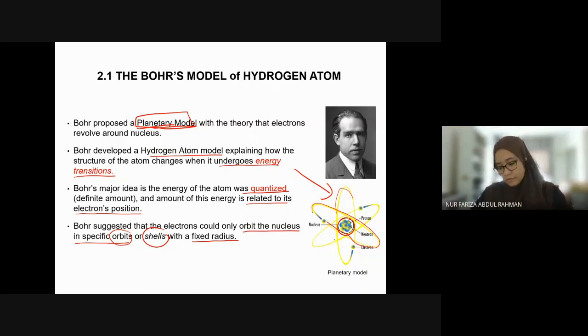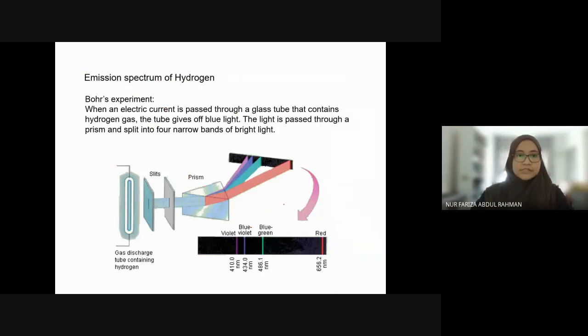Okay, this was the experiment conducted by Bohr. When an electric current is passed through a glass tube that contains hydrogen gas, the tube gives off blue light. The light is passed through a prism and split into 4 narrow bands of bright light.